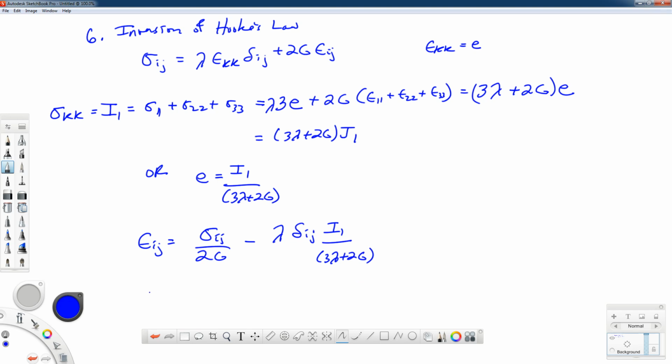And we can rewrite this again if we would like, maybe a little bit more standard format: 1 over 2g sigma ij minus, I lost the term here, I lost my 2g, minus lambda over 2g, 1 over 3 lambda plus 2g times the trace of the stress tensor sigma kk Kronecker delta ij.